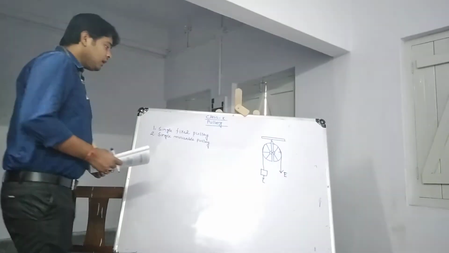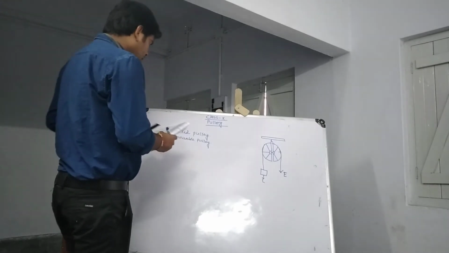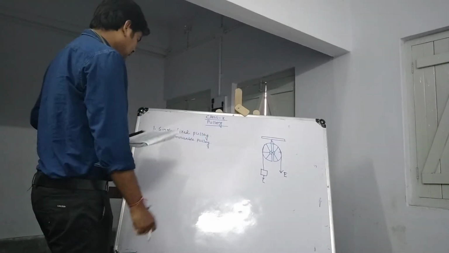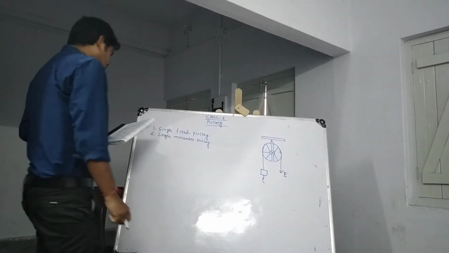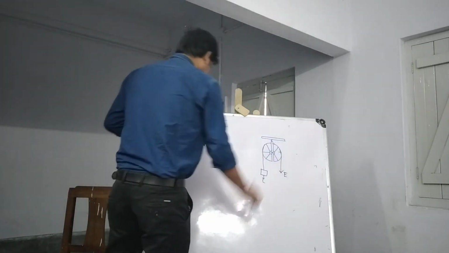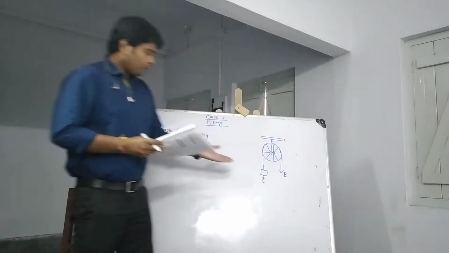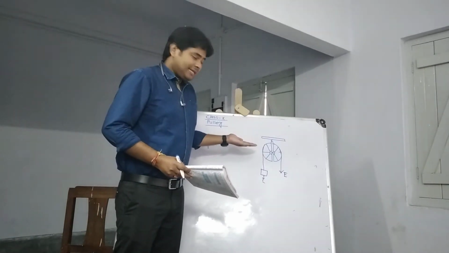Both the load and the effort act downward here. On pulling the string downwards, the pulley rotates, and the load will lift in the upward direction.